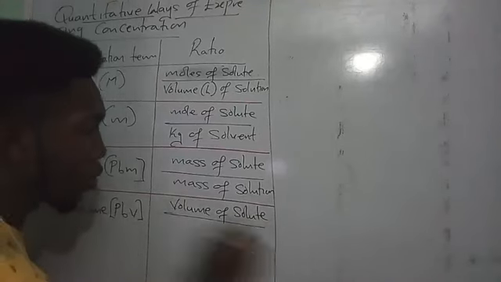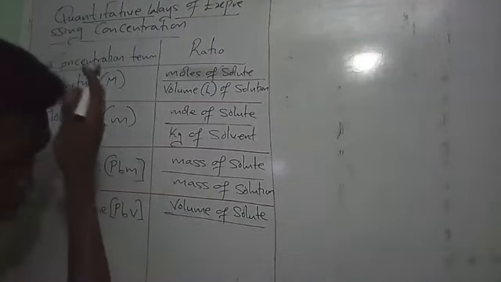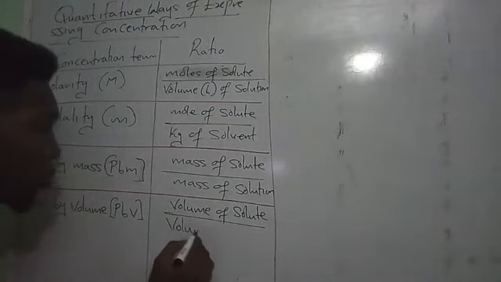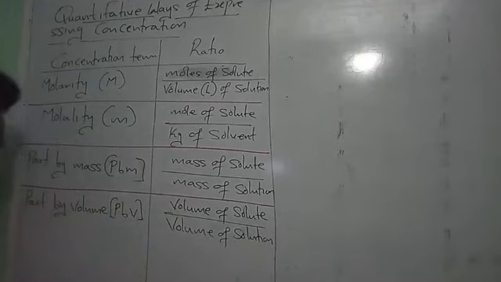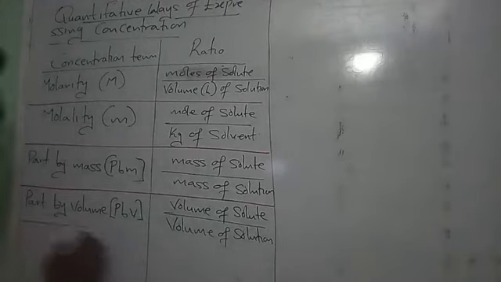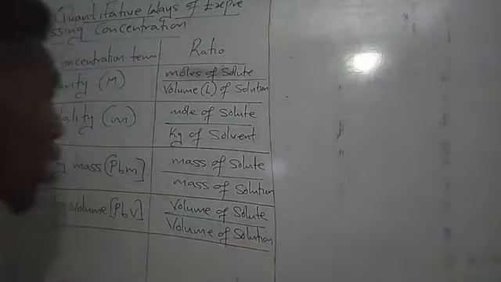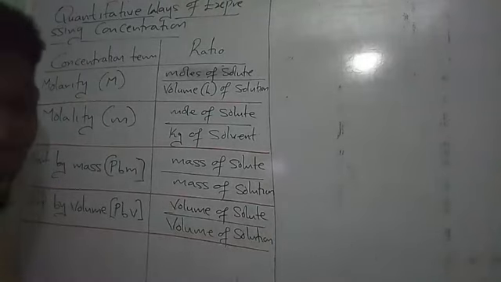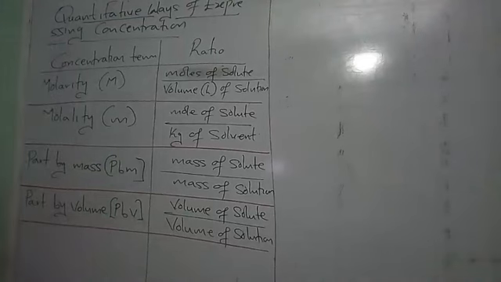So the solute is the one dissolving in the solvent, then the solution is always formed. The next one: you can hear things like part per million, part per billion. All those things are just any of these expressions times that number. If it's per million, times 1 million; if it is per billion, times 1 billion.